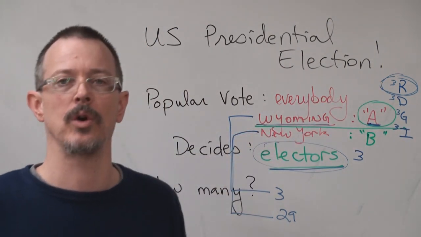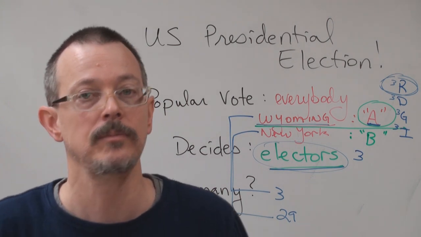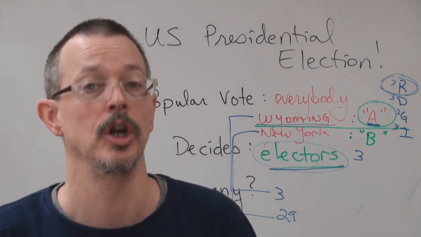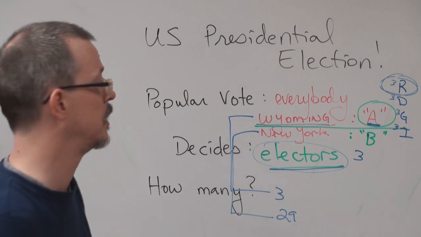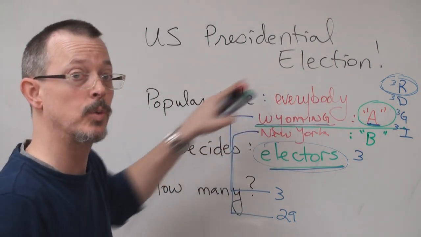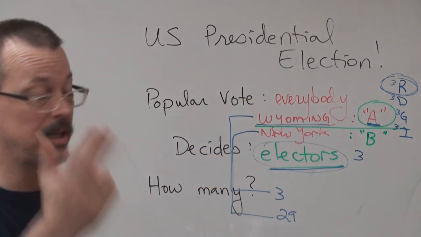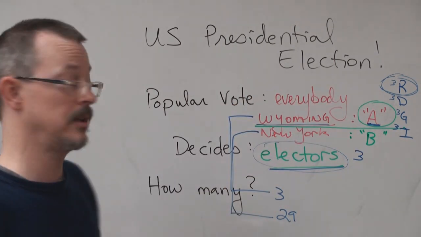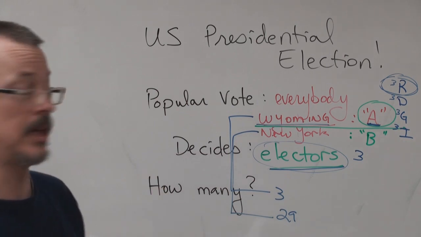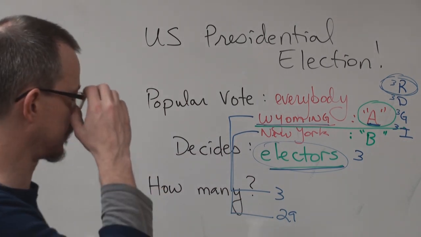I'm going to vote for Al Gore. So this is a potential problem, because these people were sent in faith. These people were sent thinking they will represent the Republicans or the Democrats or whatever.